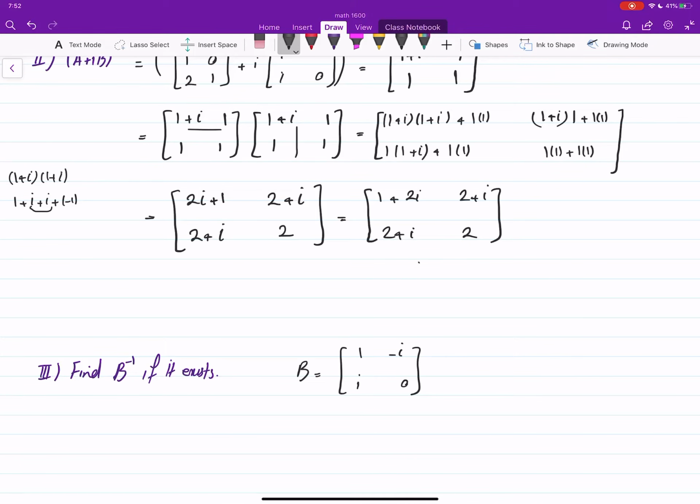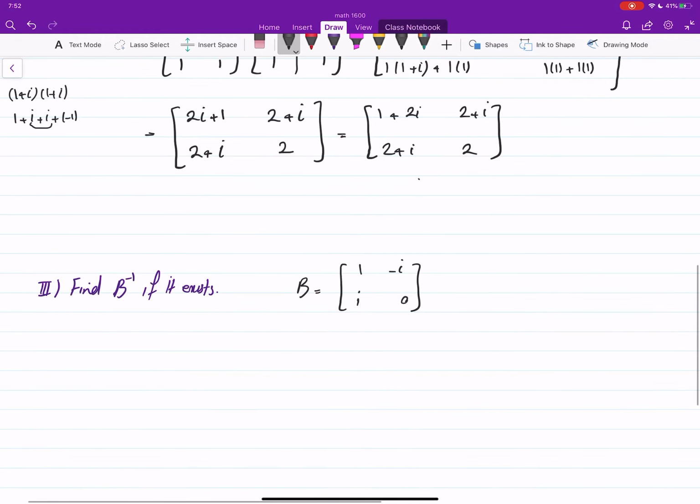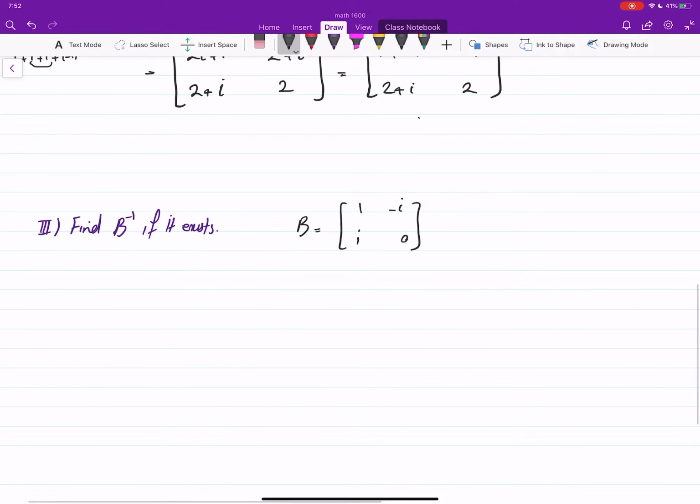Or in the 2 by 2 case, you see that the determinant of B is 1 times 0 minus negative I times I. This guy is 0 minus 1.